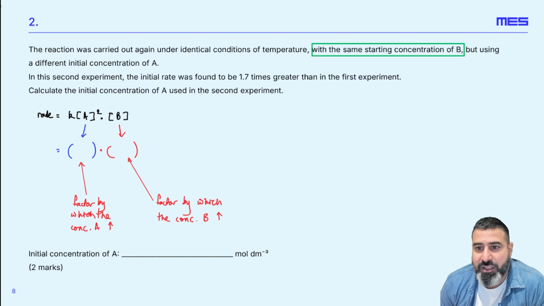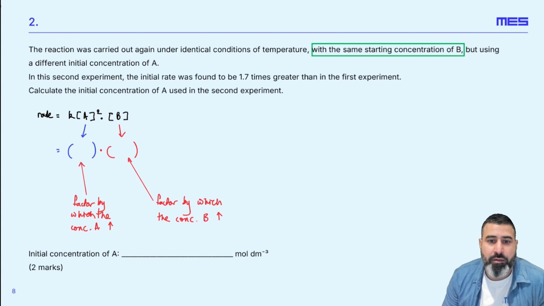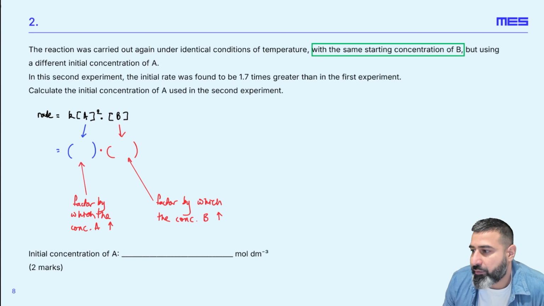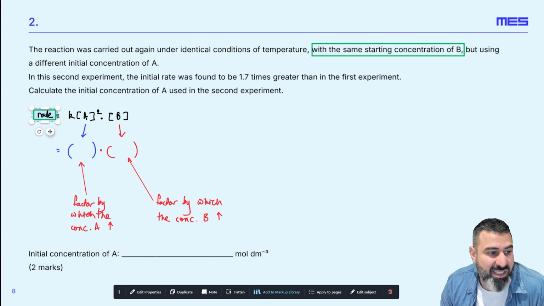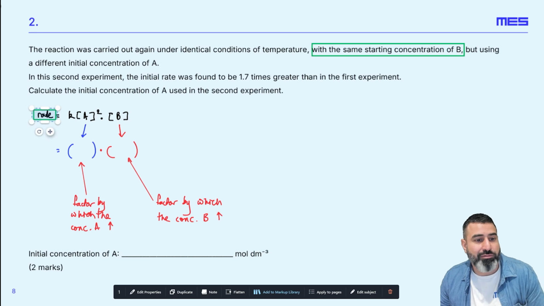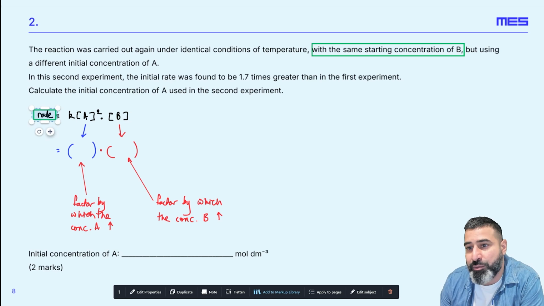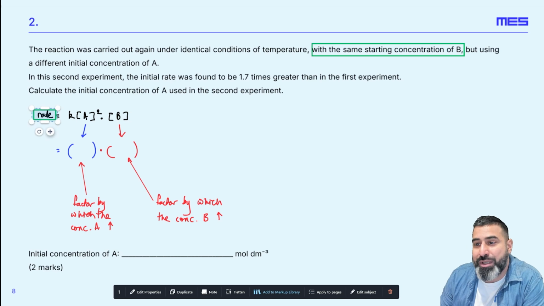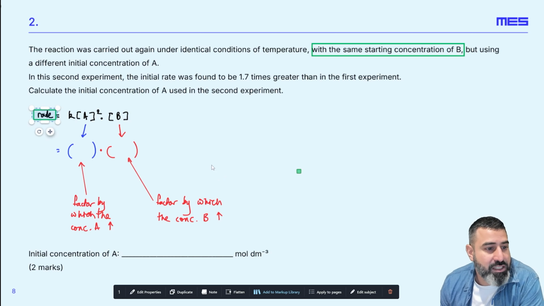So in the second experiment, the initial rate, so I've got to go back in just a second and figure out what the rate was. In fact, I don't even need to do that, do I? I don't even need to do that because it tells me that the initial rate was a factor of 1.7 times greater than in the first experiment.